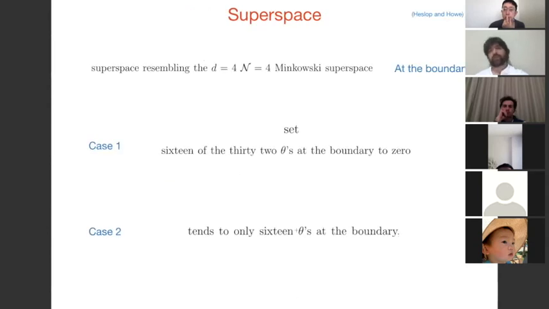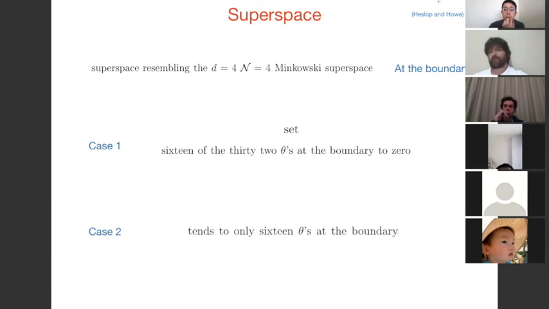So if you go to the boundary, you can analyze the metric. You see that the boundary is at z equal infinity here. There are two possibilities that are discussed more in this paper by Heslop and Howe. For some cosets, it is consistent to put 16 of the 32 thetas to 0 at the boundary, because the transformations do not change the values of these fields. Or sometimes, for example for our coset, it's not consistent to set any theta equal to 0.